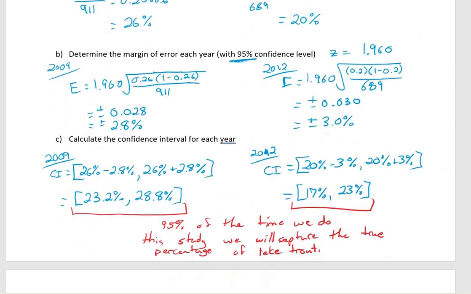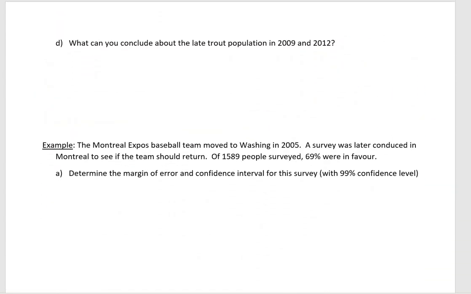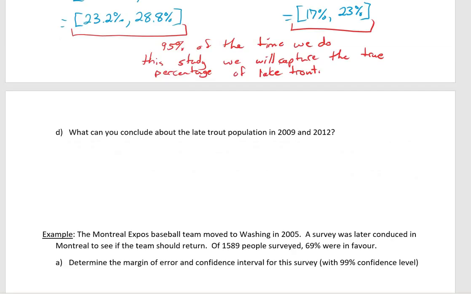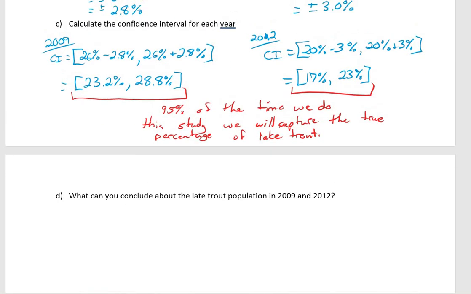And that's a lot of what we do in statistics. So what can we conclude based on these numbers then? Well, if we look, the lowest bound in 2009 was 23.2, and the highest bound in 2012 is 23%.